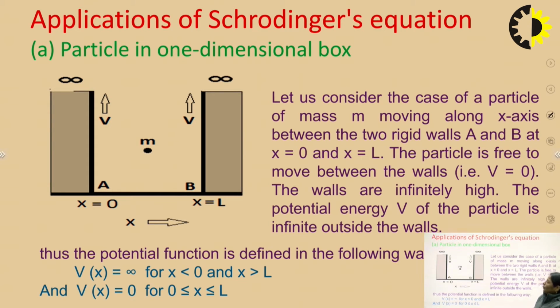So what do we do? Since no discussion of time is given in this entire problem, we are not given that at t equal to 0 the particle is here, t equal to 5 seconds or minutes the particle is here. So no discussion of time is done.